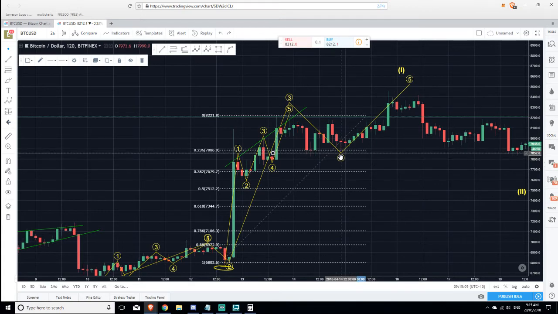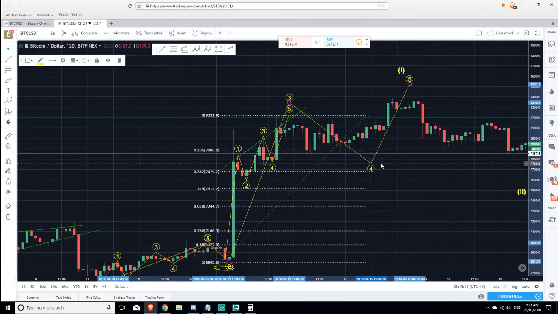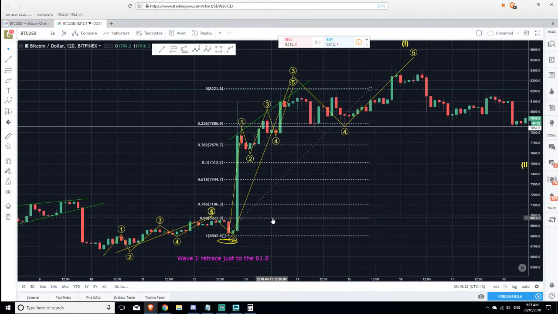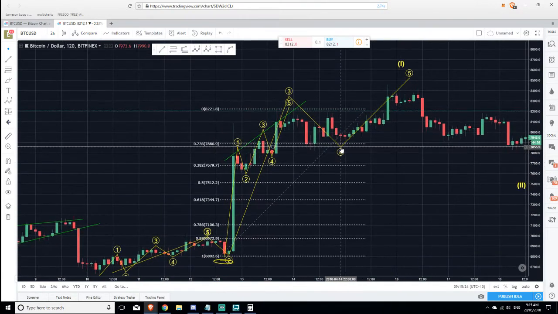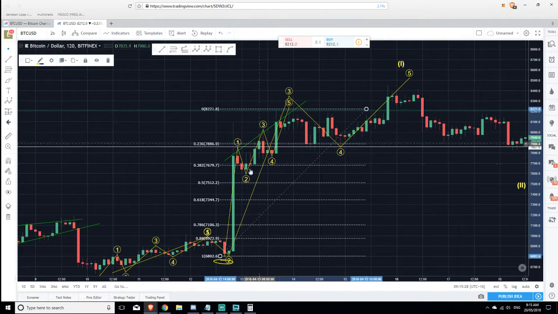You also notice a lot of the time that these fib ratios are zones of quite strong resistance. The numbers I've got here, 236, 382, 618, 782, and 88, are really, really important numbers. So wave 3 corrected up to there.